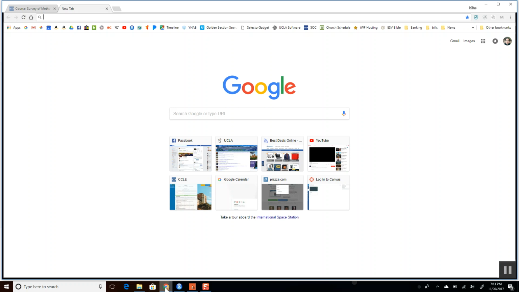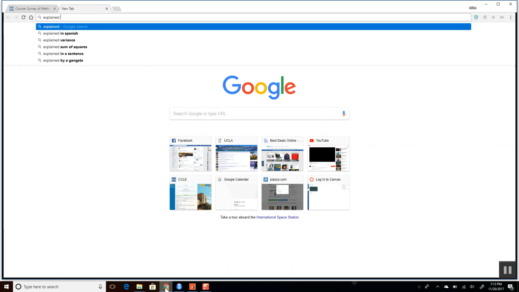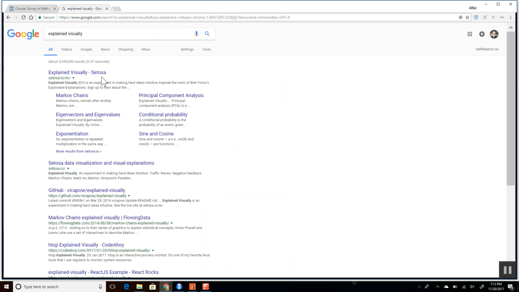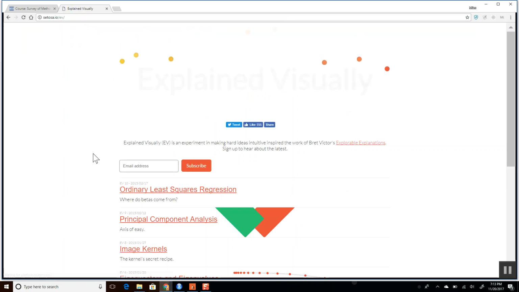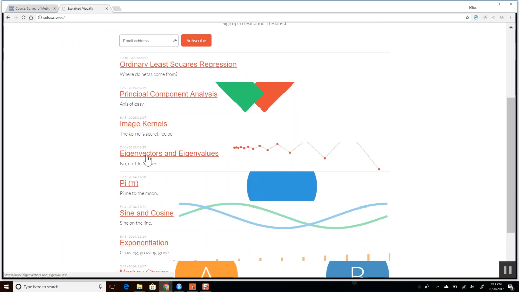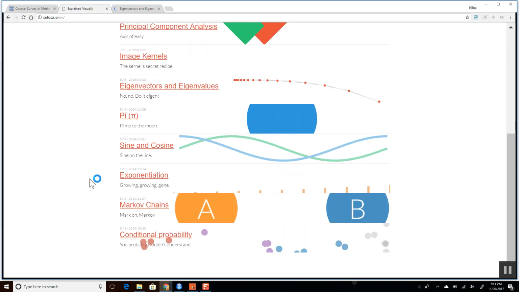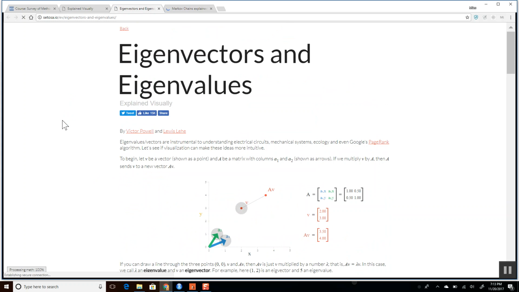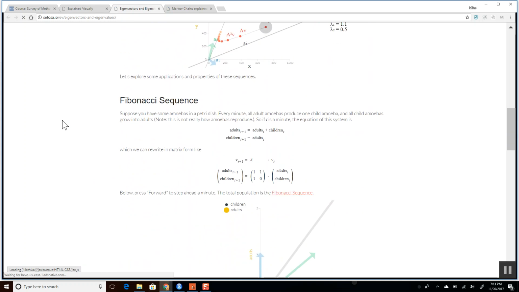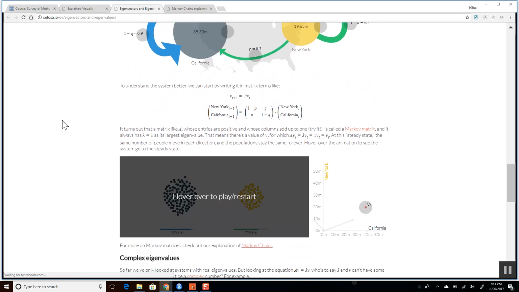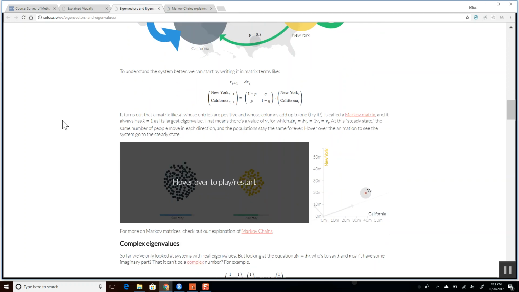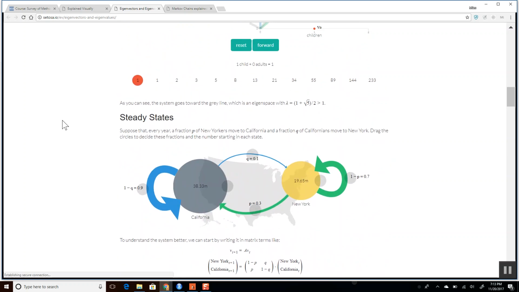There's a beautiful illustration of this on a website. I think it's called Explained Visually. Eigenvectors. Let's try Markov chains. Oh, look at this.